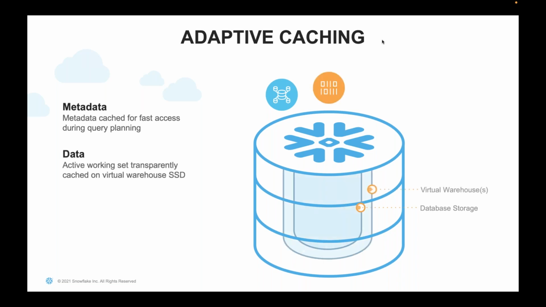Second is your data cache, which is stored in your virtual warehouses. What does it mean? Let's say you have run a query and brought all the data for it into RAM for compute purposes. Your warehouse is still running, and somebody else comes in and runs a query using the same table.